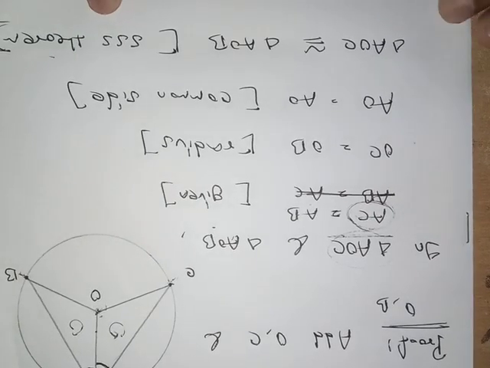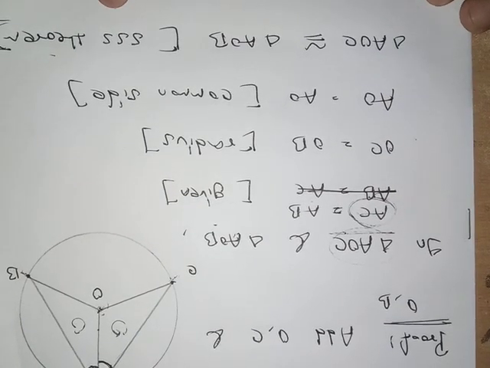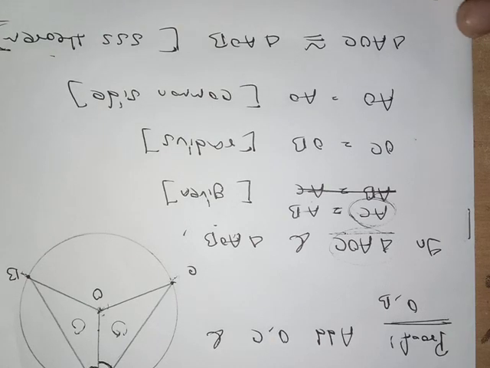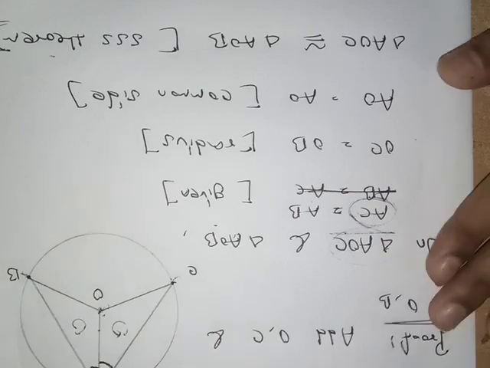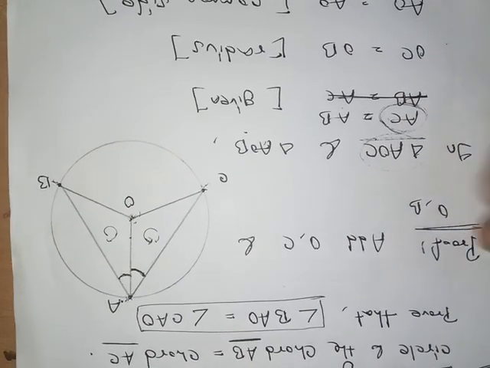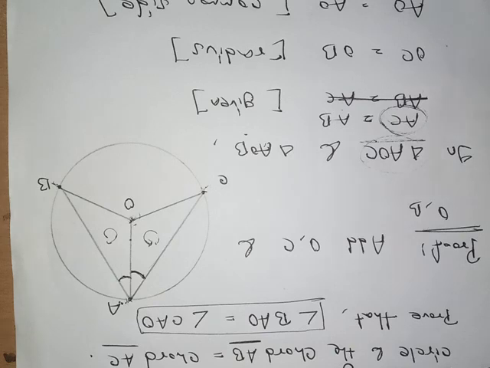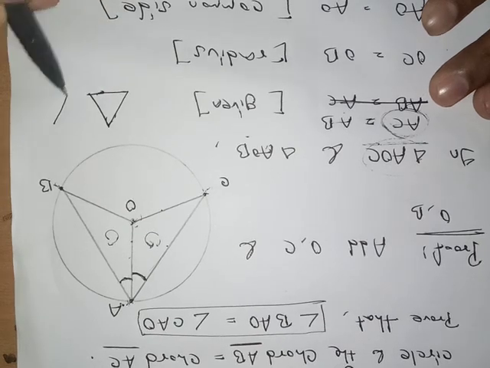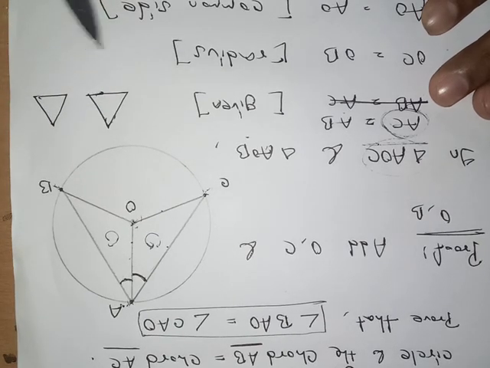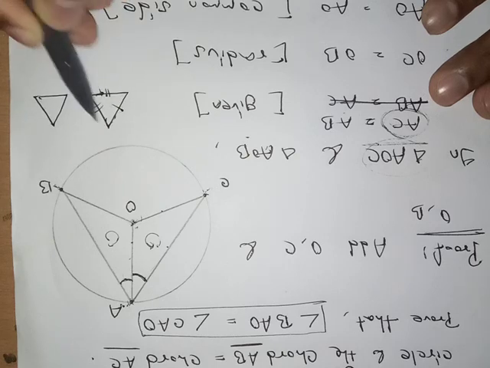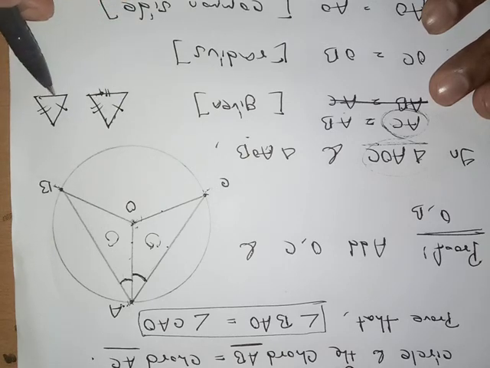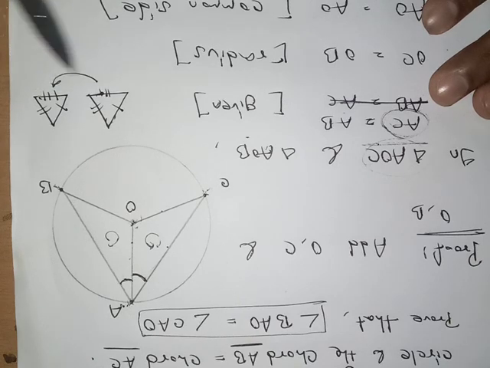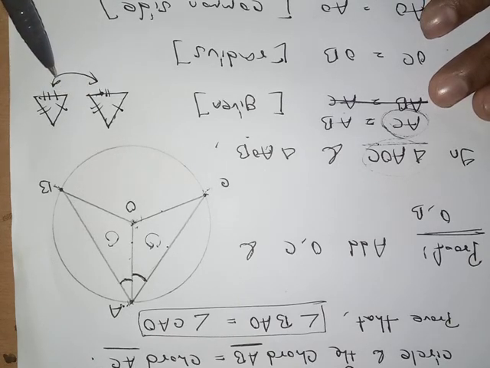What is the SSS theorem? Well, this is the short of the theorem I'm going to say. That is, if three sides of a triangle are equal to the three sides of another triangle, see, one triangle this one, another triangle this one, if three sides of this triangle are equal to the three sides of this triangle, we can say that these two triangles are congruent to each other.